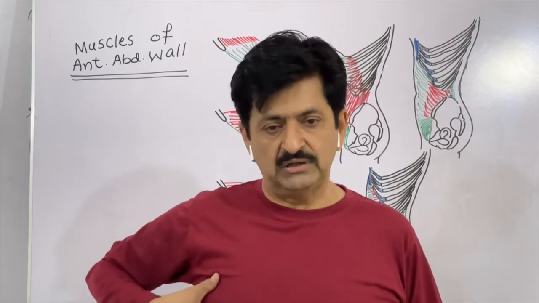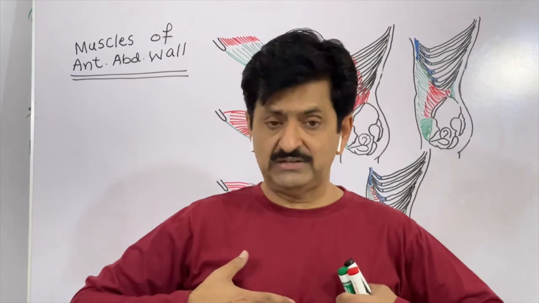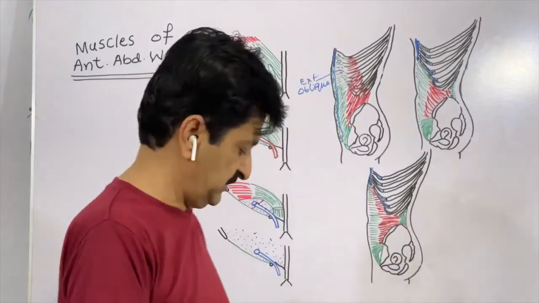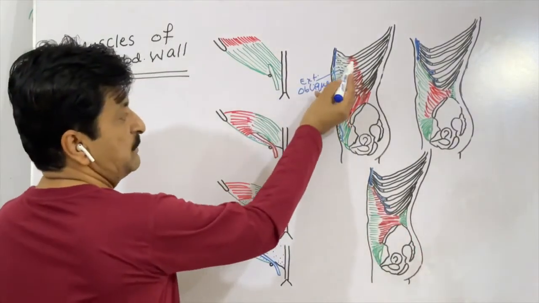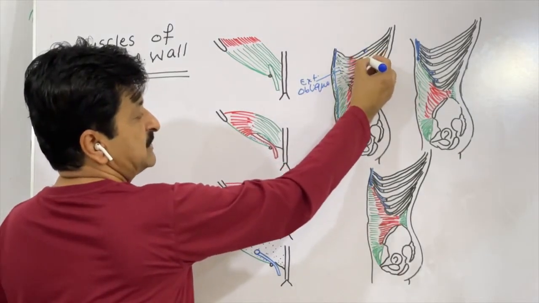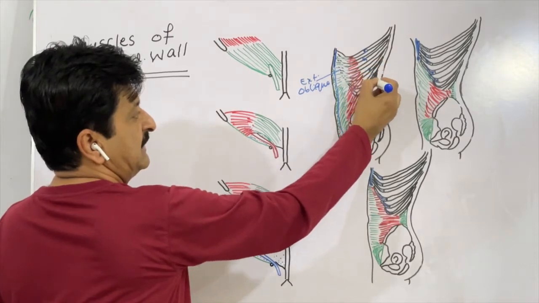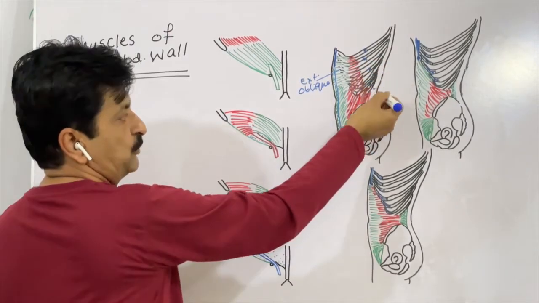This will take origin. And if it takes origin from them, you see the fibers initially remain straight, so its upper border will be free. The fibers take origin from rib number 5, 6th, 7th, 8th, 9th, 10th, 11th, and 12th. The 11th and 12th are floating ribs.